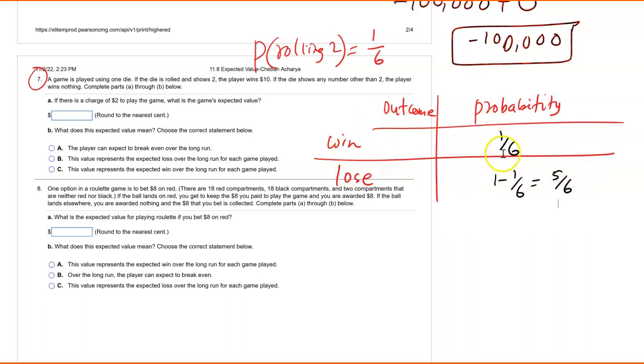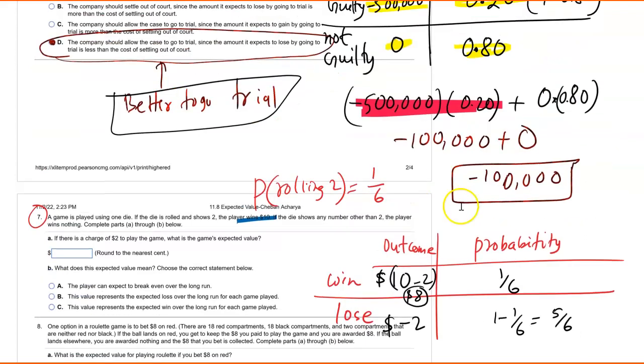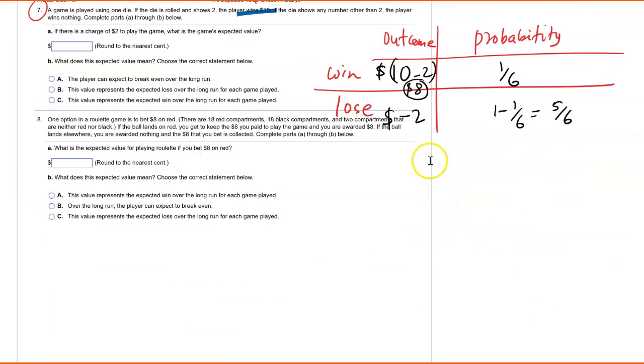Okay, now if the player wins $10, of course $10. But there is a $2 charge to play the game. Therefore, the player is actually winning 10 minus $2, which is $8 when the player wins. If the player loses, the player loses $2 because that's the charge to play the game. And what's the expected value? As before, you multiply 8 times 1/6 plus -2 times 5/6.